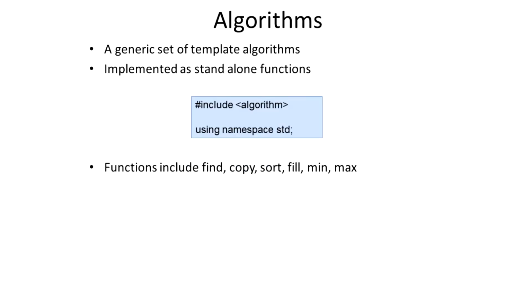And then we can also integrate other methods which belong to the algorithms library, which can be included via the include statement at the top as well. So we can also perform other operations on our vector, such as find, copy, sort, and also locate the minimum value and the maximum value as well.